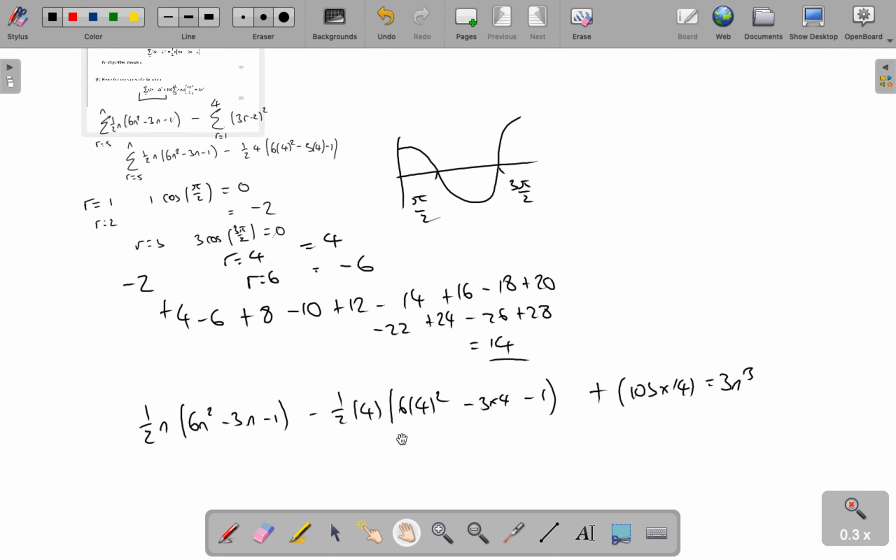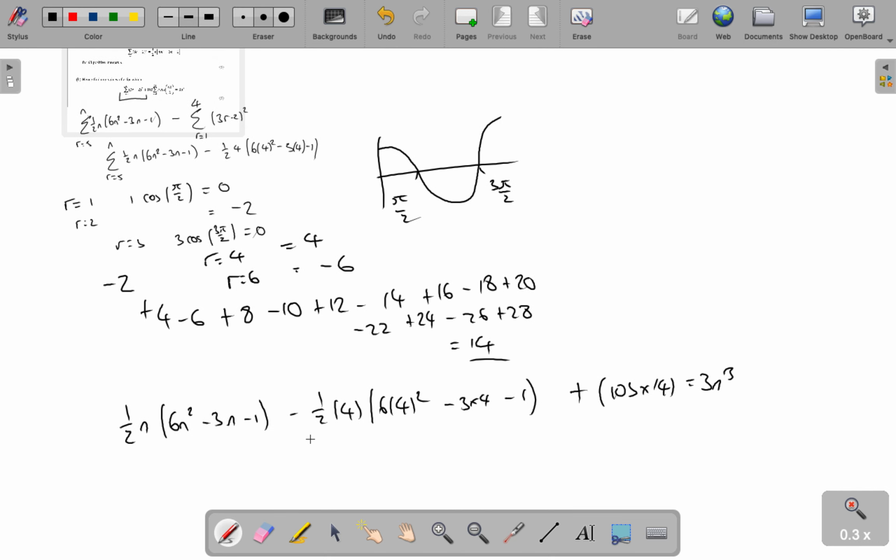If we expand everything out, plugging it into the calculator, we get 3n cubed minus 3 over 2 n squared minus a half n minus 166 plus 103 times 14.